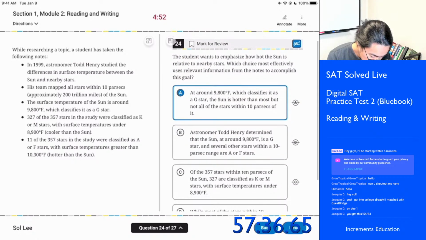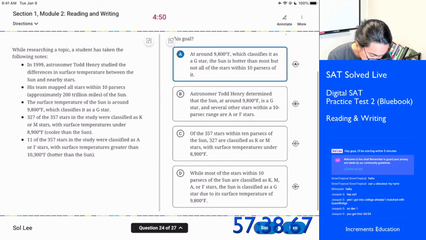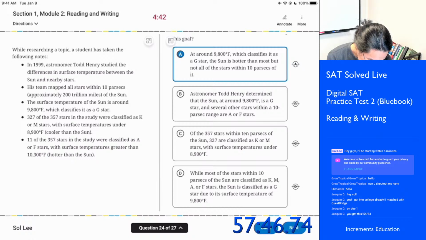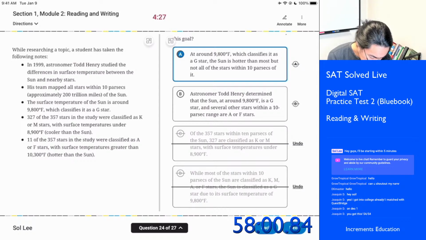Okay, this is how hot it is. It's hotter than most, but not all. And the only ones are... I only have 5 minutes left. Yeah, all the other ones aren't really comparing directly. Yeah. It's not comparing both directions.